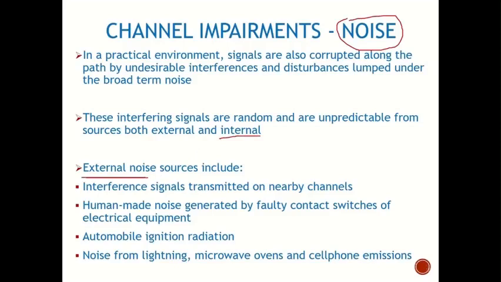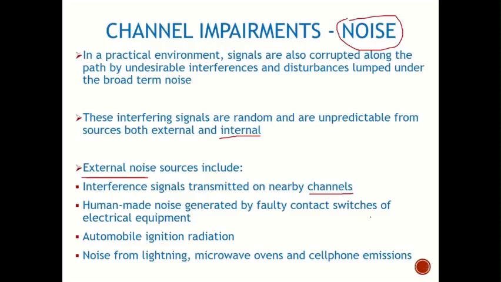External noise includes interference from signals transmitted on nearby channels. Although nearby channels have different frequencies, if they are very close to the actual signal frequency, they will still cause some distortion through constructive or destructive interference between the two frequencies.